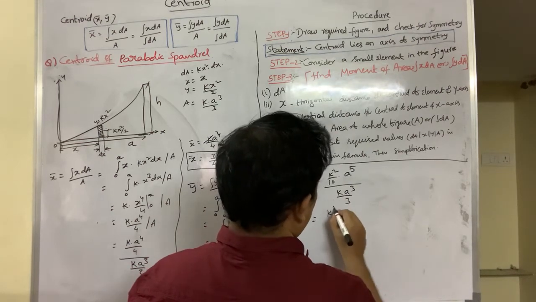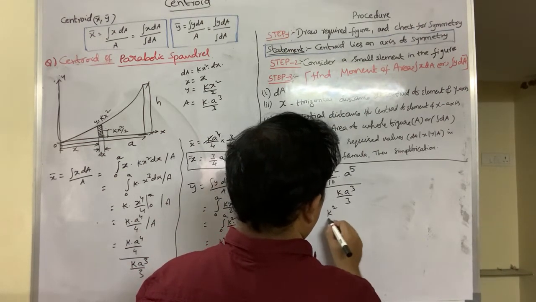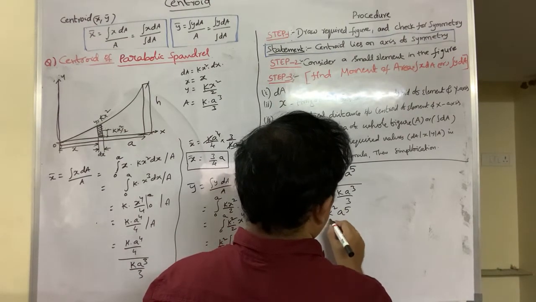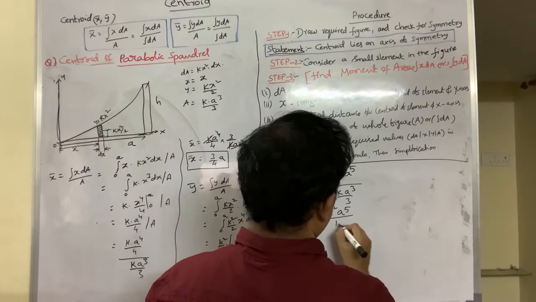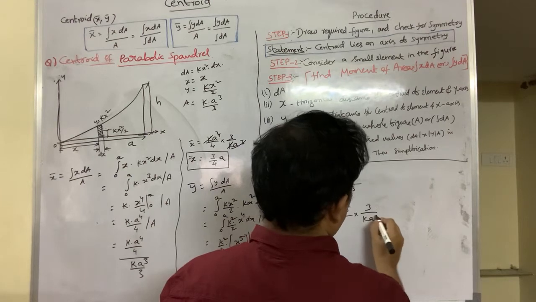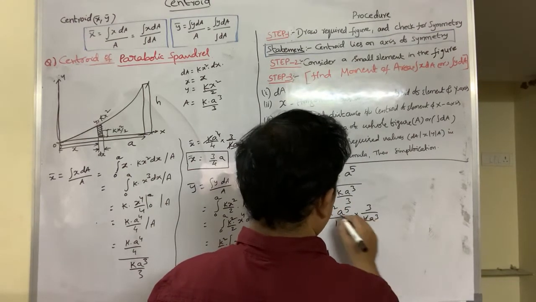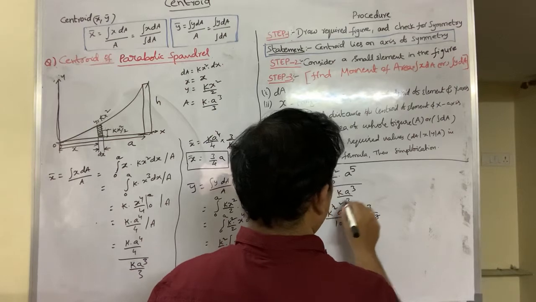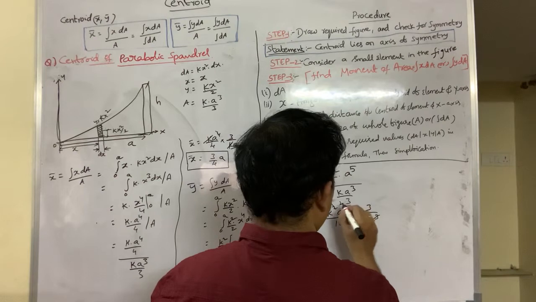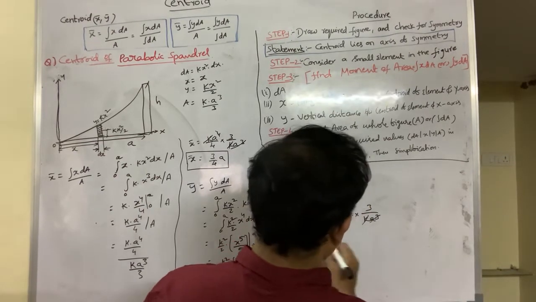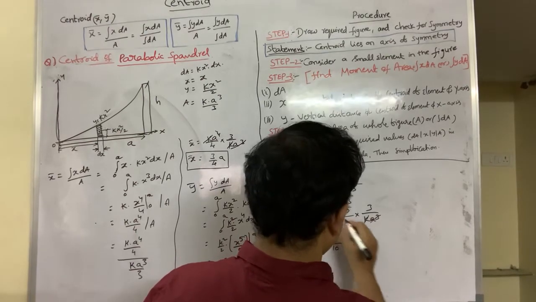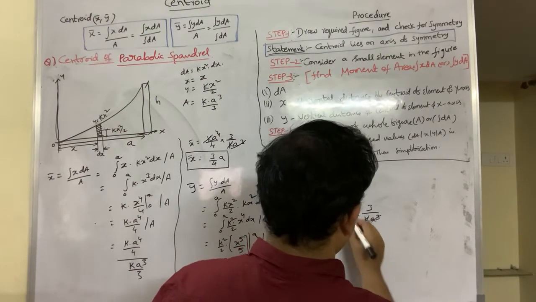So this is k square a power 5 by 10 into, reversed, 3 by k a cube. K cancels one time, a cube cancels, and the remaining is 3 by 10 into k a square.